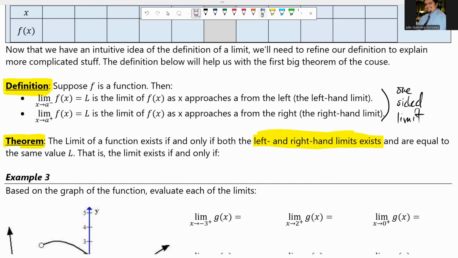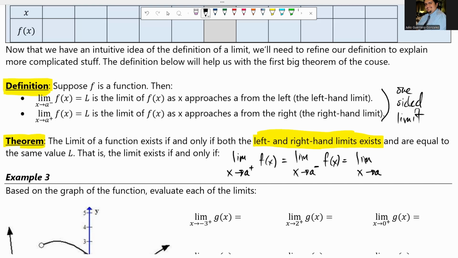If you have the limit as x approaches a from the positive side of f of x, equal to the limit as x approaches a from the negative side of f of x, then that's equal to the limit as x approaches a of f of x.